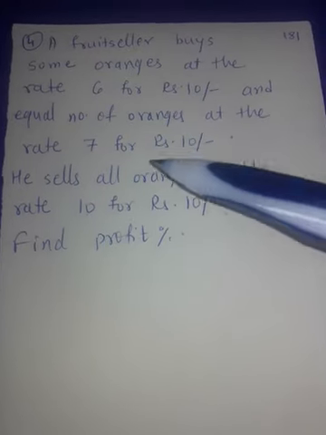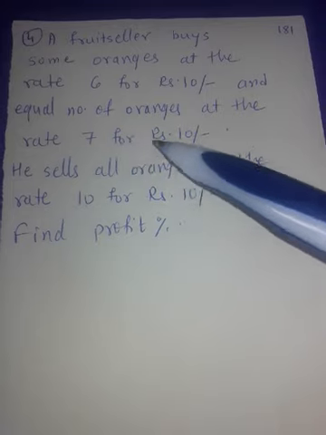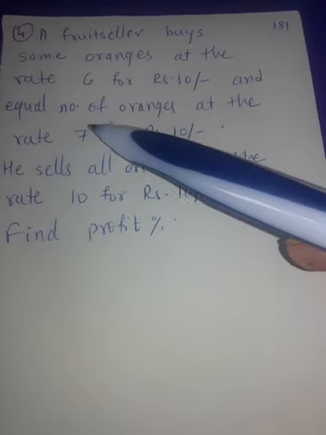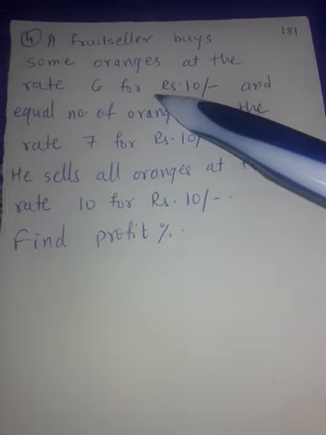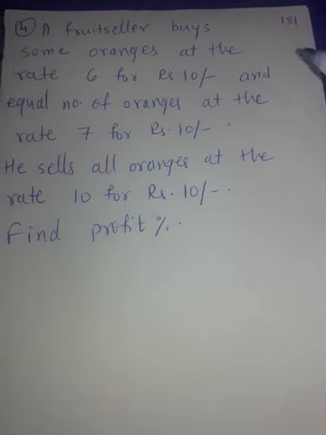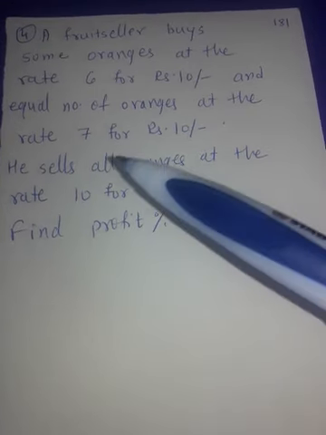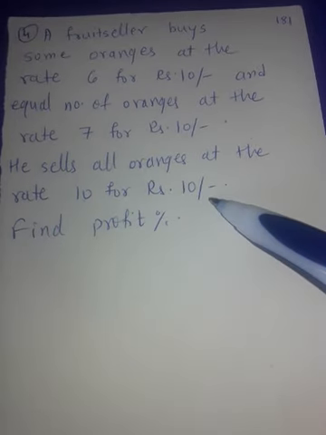Got it? There was some other quality and that price was 7 oranges for 10 rupees. Okay, so these may be little big oranges and these are small oranges. So you got 7 for rupees 10, and these little big oranges you got for 6 for rupees 10. So what he did? He sold all those oranges at the rate of 10 for rupees 10.